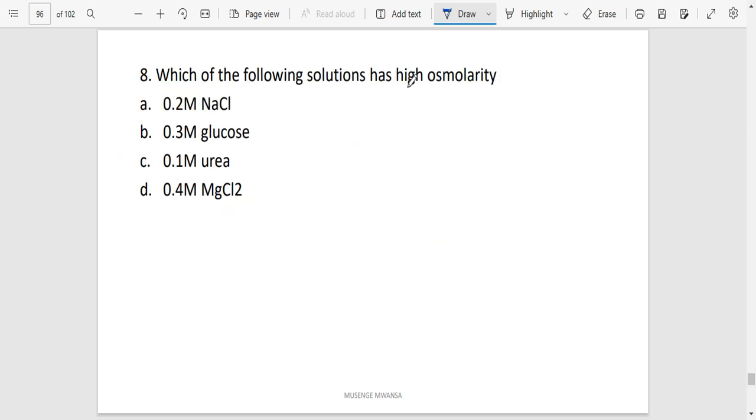Which of the following solutions has the highest osmolarity? 0.2 molar sodium chloride. Let me calculate the number of osmoles for this one. The number of osmoles is simply the concentration, which is the osmolarity, multiplied by how many particles it's going to have when it dissociates. So this is going to have two particles and this is going to give us 0.4. So the answer is going to be what?